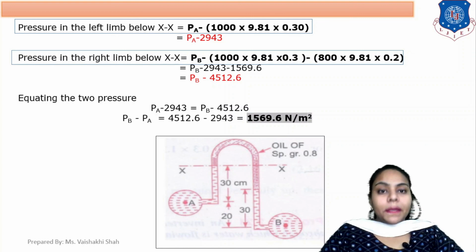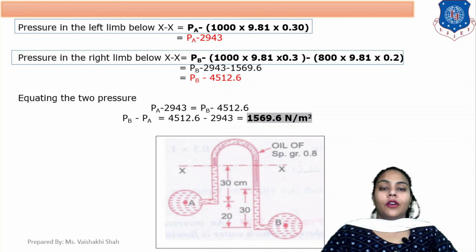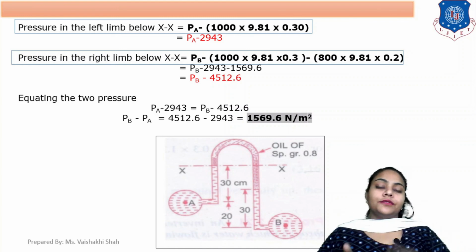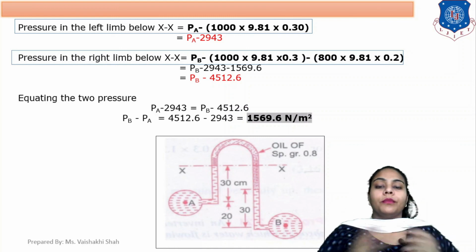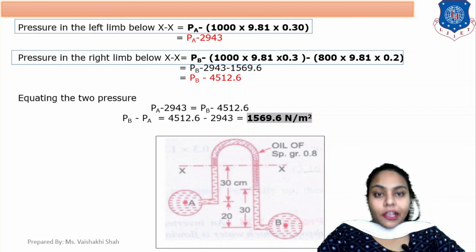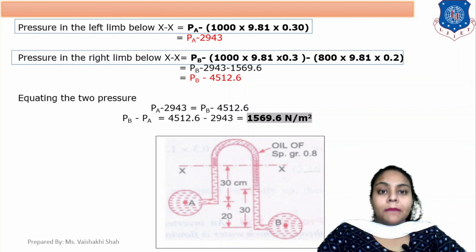So you get PB minus 4512.6. Now pressure on left hand side equals pressure on right hand side. So equating both equations, you get PB minus PA, that is 1569.6 Newton per meter square.